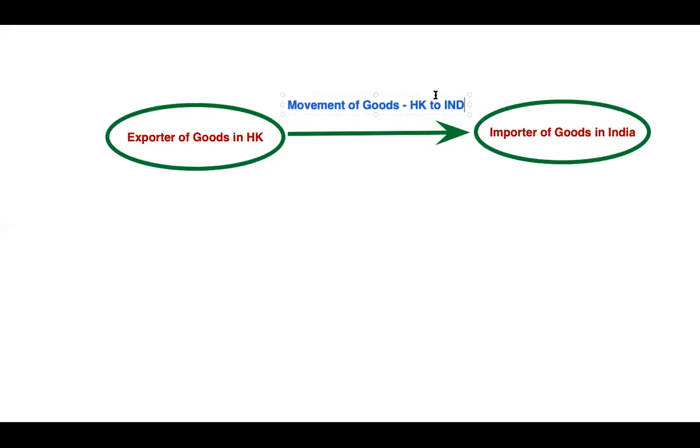How do the goods move? By transportation of goods by air or transportation of goods by vessel. This is the background for this transaction, not the transaction per se. Let me repeat, this is just the background for the transaction.